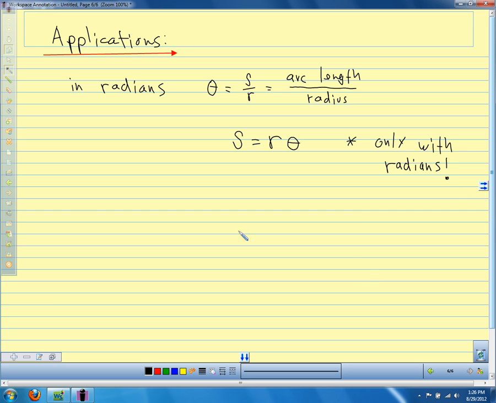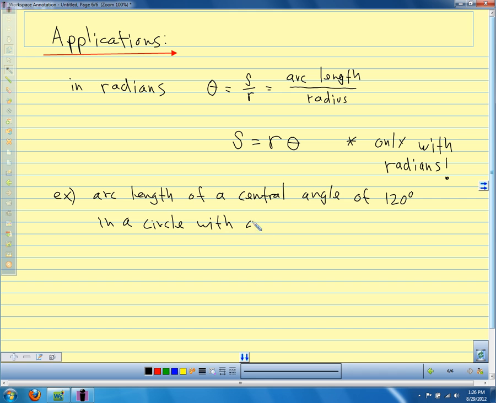So one example would be, we want to find the arc length of a central angle of 120 degrees in a circle with radius 5 inches.